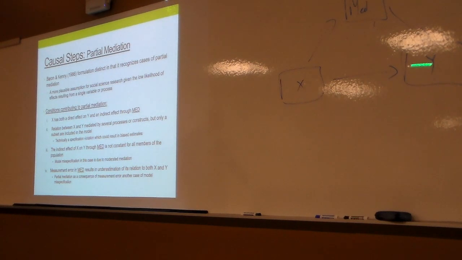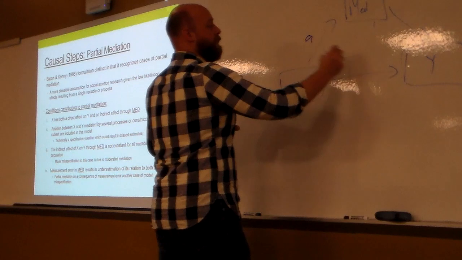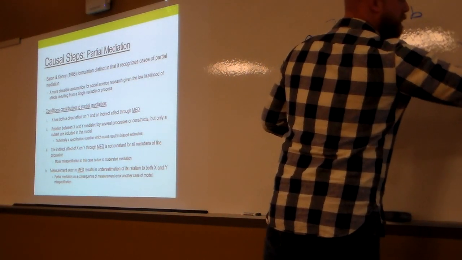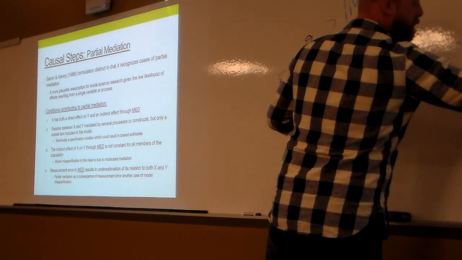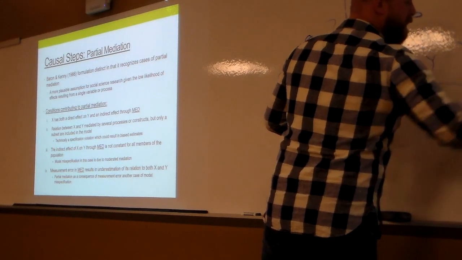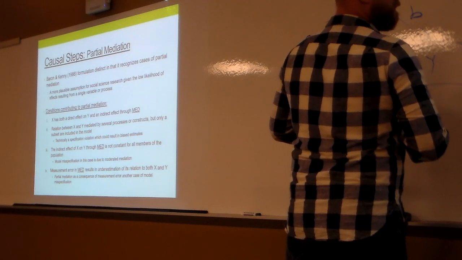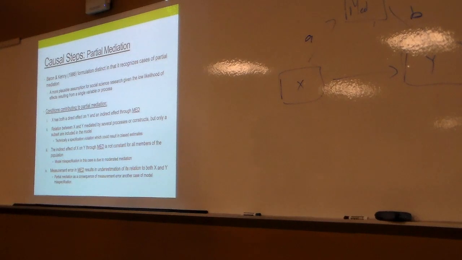And so what I might find is I still get a residual effect here, even after I've accounted for my mediator, because this indirect effect of AB, right? My indirect effect isn't the same for everybody, okay?